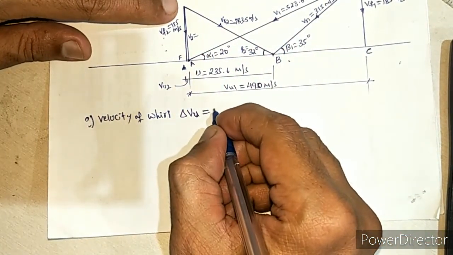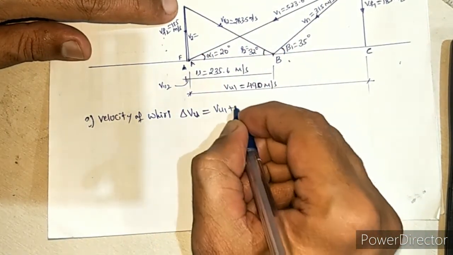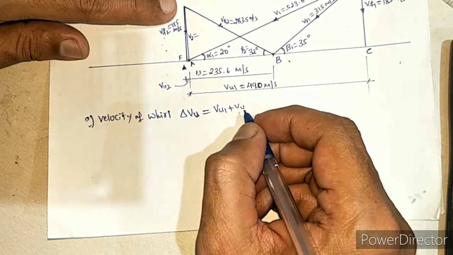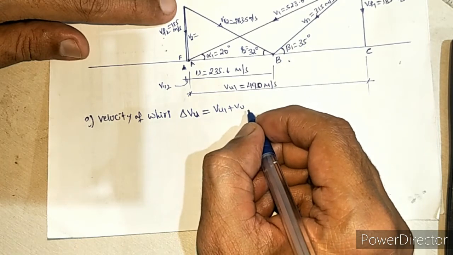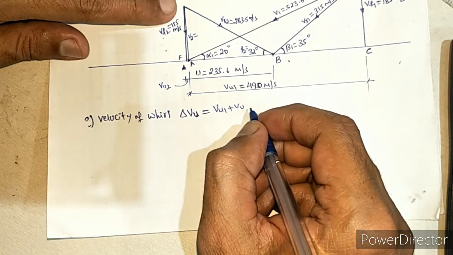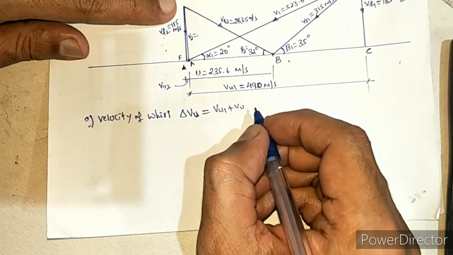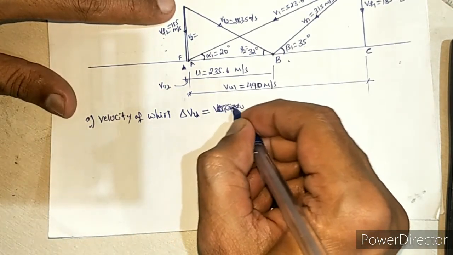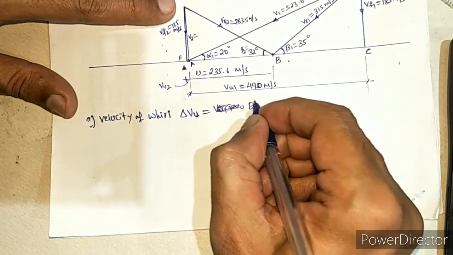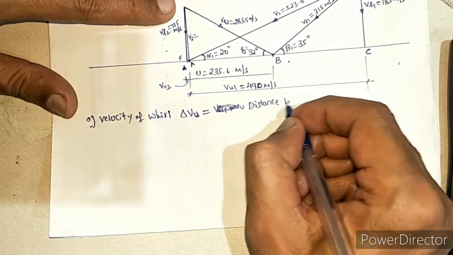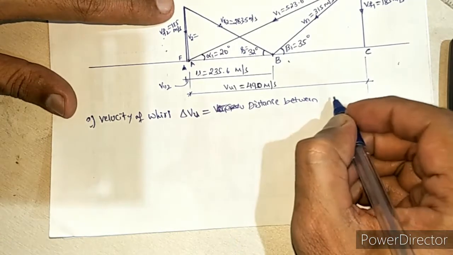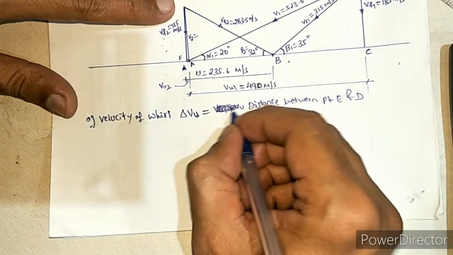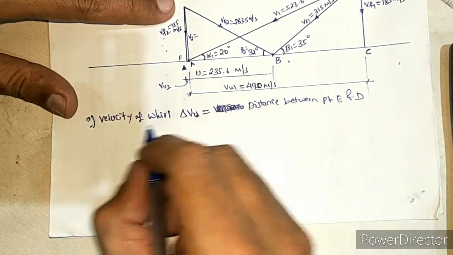So this is also nothing but VU1 plus VU2, right? VU1 plus VU2. Otherwise I can say this is the distance between point E and D, that we call delta VU.